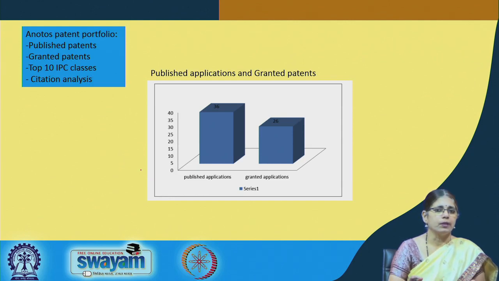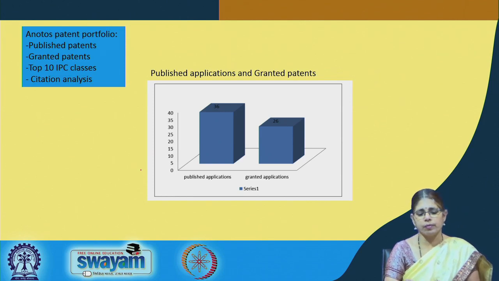What is it that we can identify as analysis aspects? The publication rate in relation to patents, how many granted patents the assignee has, in which IPC codes you see the spread of patents, and how the assignee citations are coming up in relation to the patents.